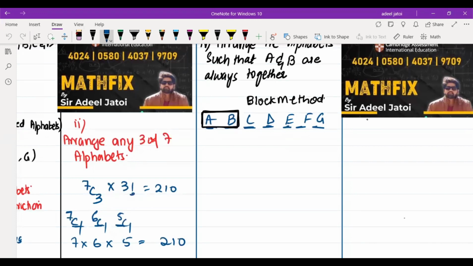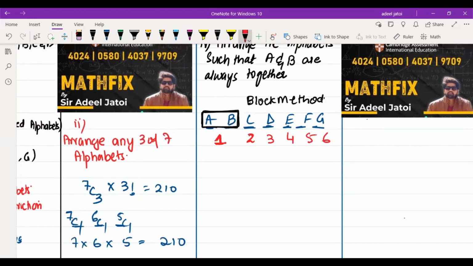Now, considering this block as 1, if this block is 1, then C will be your second, D will be your third, E will be your fourth, F will be your fifth, and G will be your sixth. Now you have 6 different alphabets that you need to move around. You need to change your position.